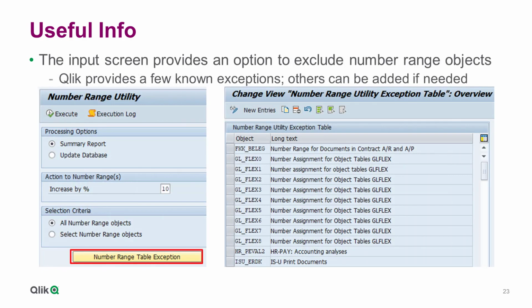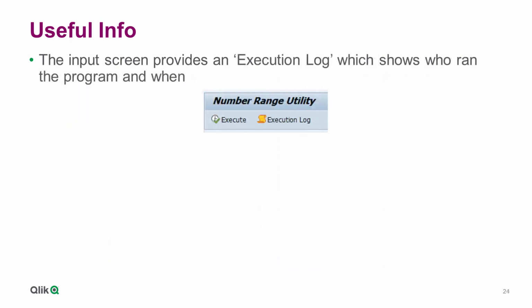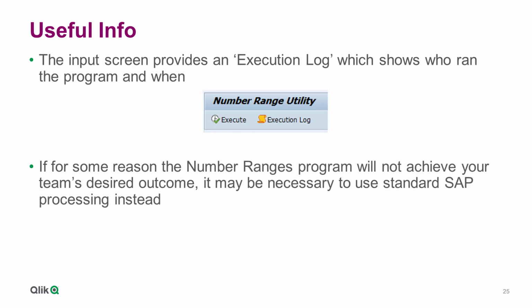The input screen provides an option of excluding number range objects from being included in the program's execution. Qlik provides a few known exceptions by default, and others can be added if needed. The input screen contains an execution log option that shows who ran this program and when. If for some reason the number ranges program will not achieve your team's desired outcome, it may be necessary to use standard SAP processing instead.